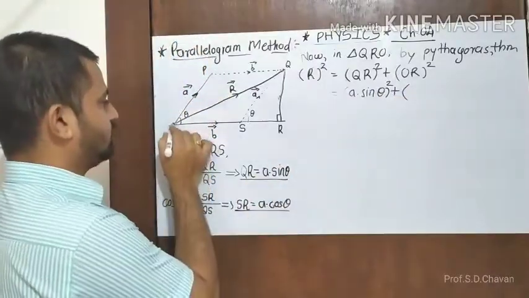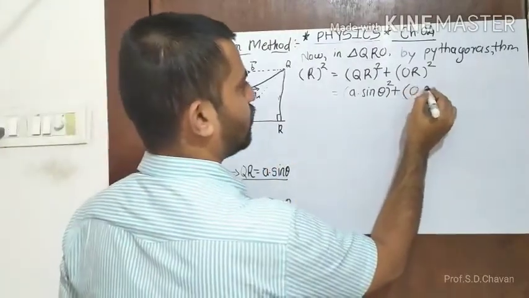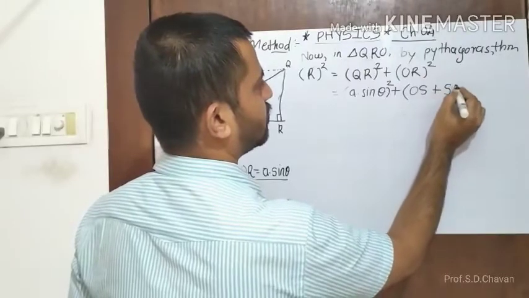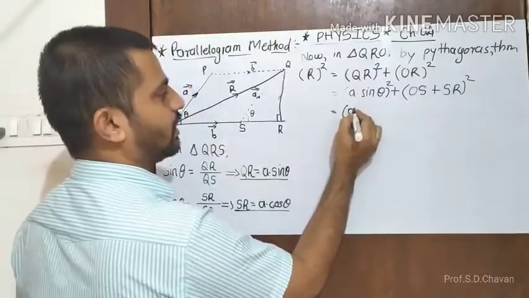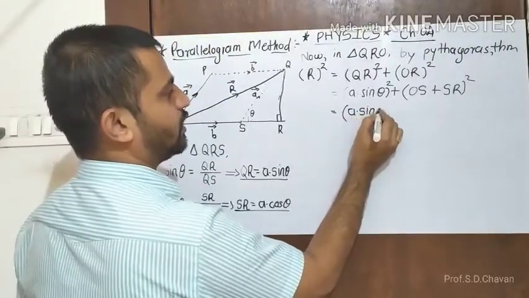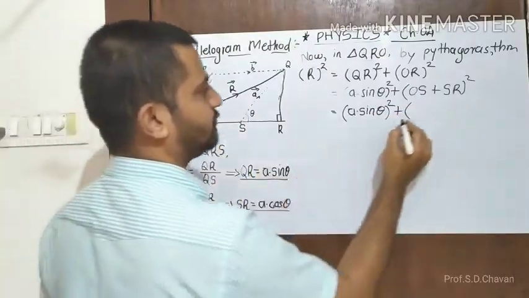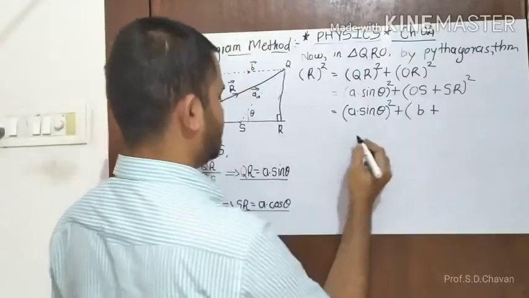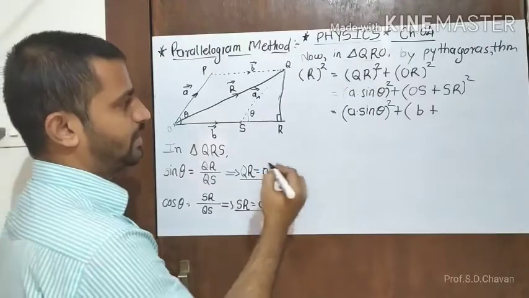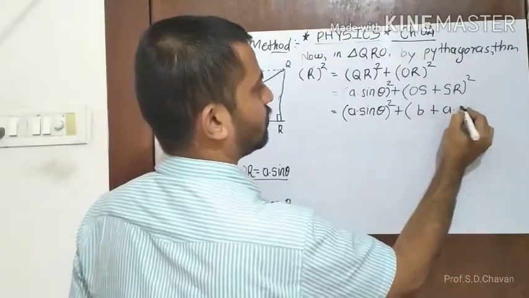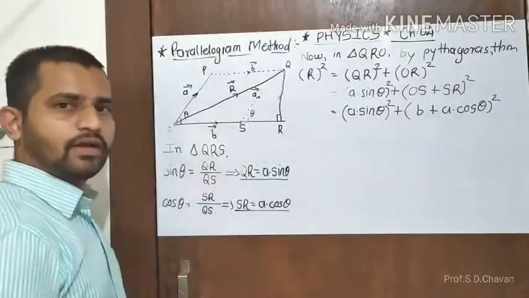OR is nothing but OS plus SR. So write down here (OS plus SR) square. Again we can write it as (A sin theta) square plus, what is OS? OS is B, plus, what is SR? SR is A cos of theta.